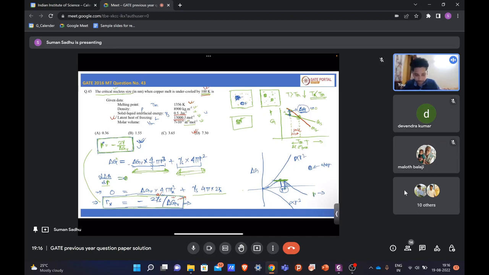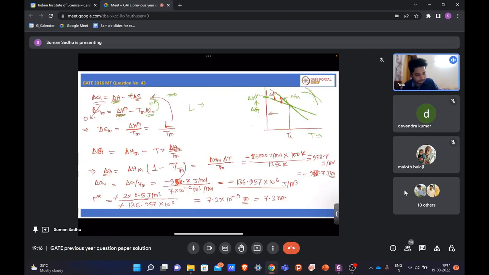So now you have to calculate r star. Gamma s is given, but delta Gv is not given. So you have to find out the delta Gv. So what is delta Gv? I have already mentioned that this distance is delta G, and this equation is delta G is delta H minus T delta S, right?